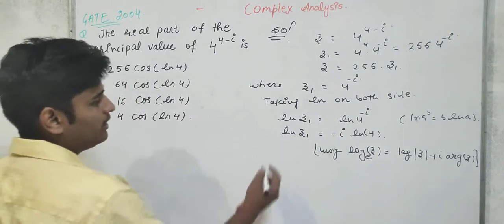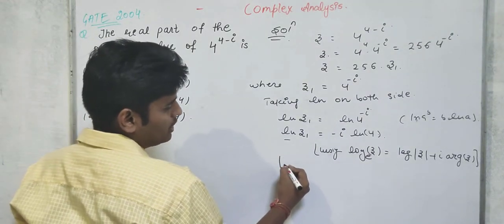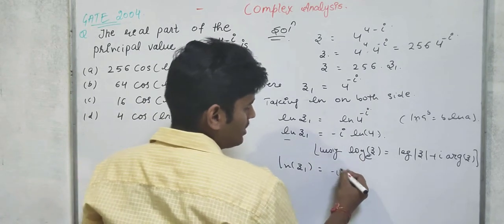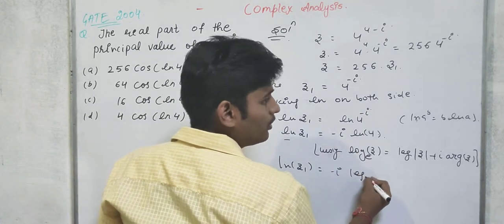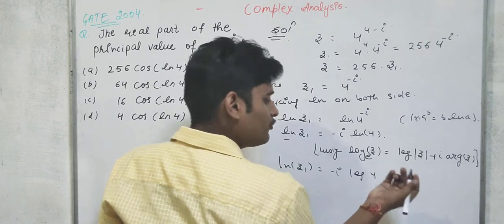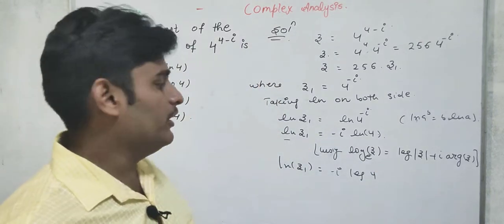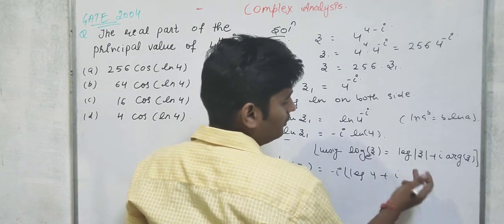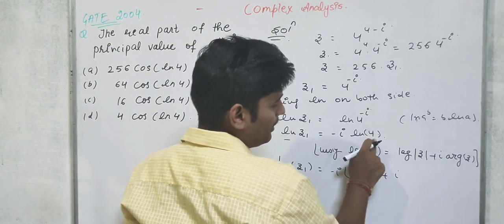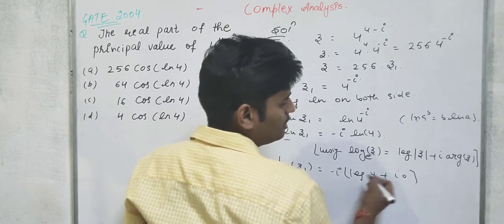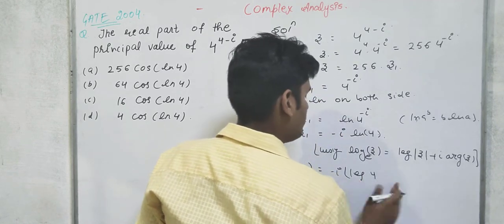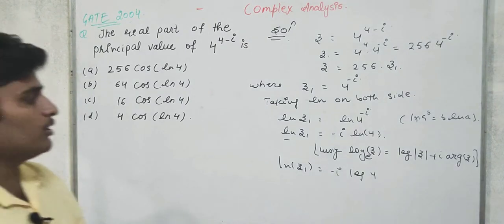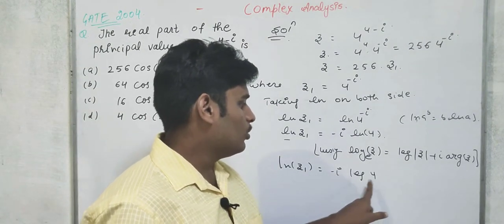So natural log of z1 is equal to minus iota times log of modulus of 4, 4 का modulus 4, रियल नंबर है, प्लस आयोटा इंटू आर्गुमेंट. रियल पार्ट की कोरस्पोंडिंग आर्गुमेंट कितना होता है? 0. तो ये क्वांटिटी 0 हो जाएगी. So we find out that log of z1 is equal to minus iota log of 4.